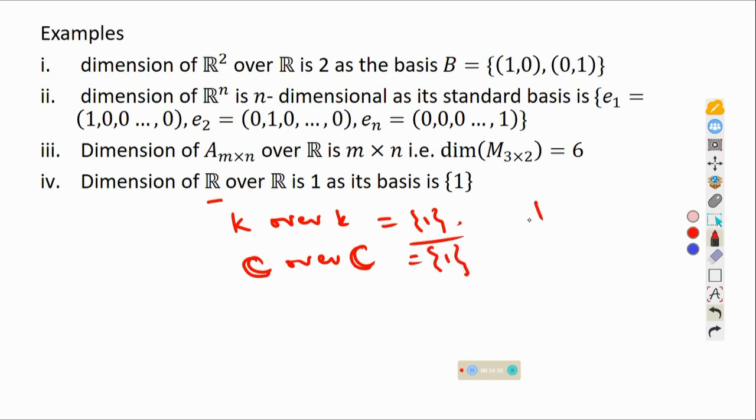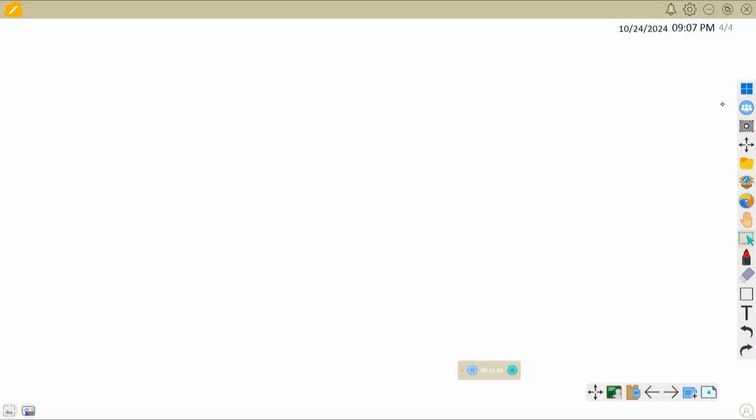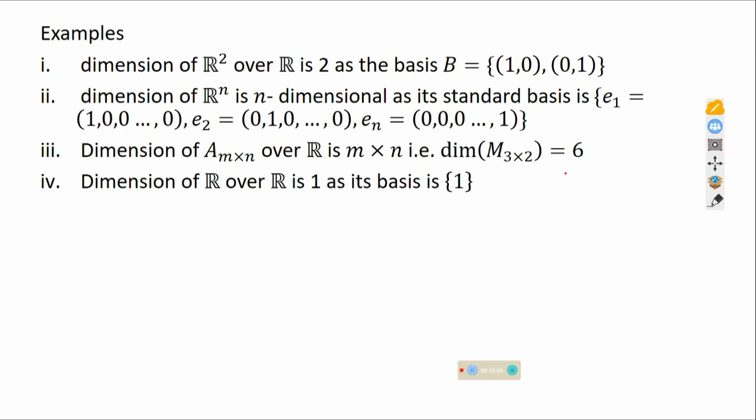The dimension of F over F, again, will always be 1. So the dimension of a vector space over a field which is the same as that space will always be 1, and its basis will contain 1.